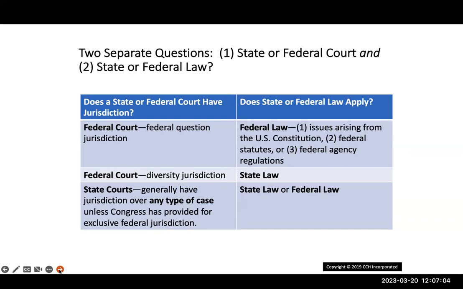Similarly, state courts can also hear cases that include federal law claims. The reason that might happen is that the federal law claims are the type of claims that can be heard in state courts, to be contrasted with some federal law claims that can only be heard in federal courts, such as securities cases, bankruptcy, etc.